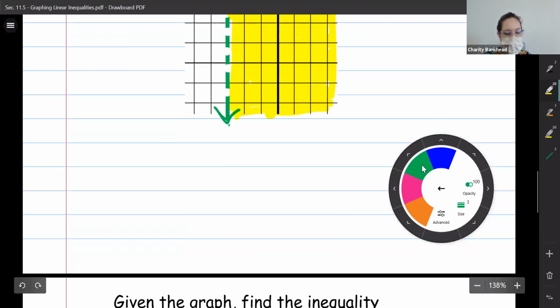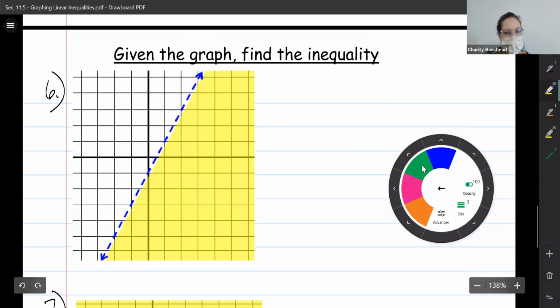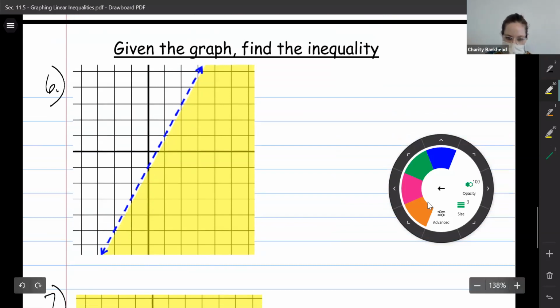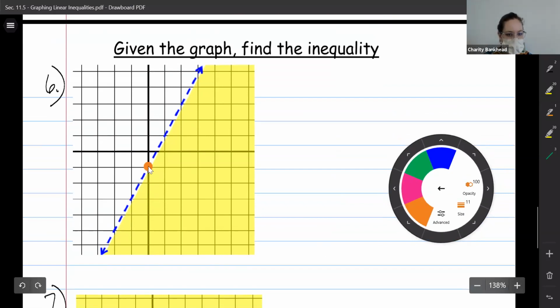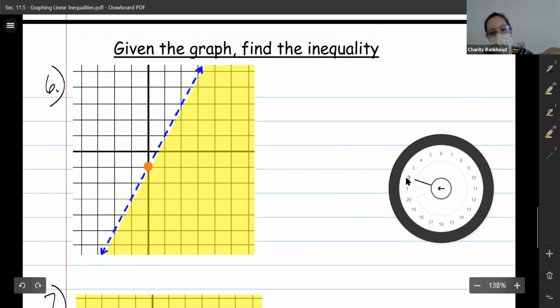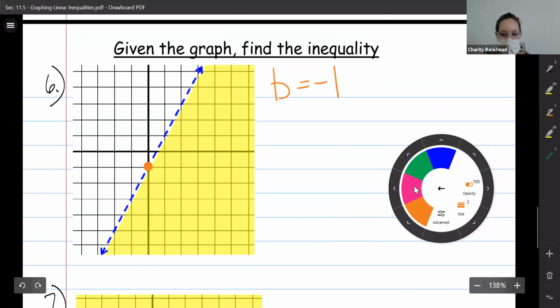Okay. So number 6, given the graph, find the inequality. Okay, so let's identify the y-intercept. Looks like -1. So b equals -1. And then let's try to find another point on the graph that we could easily identify, like right here.